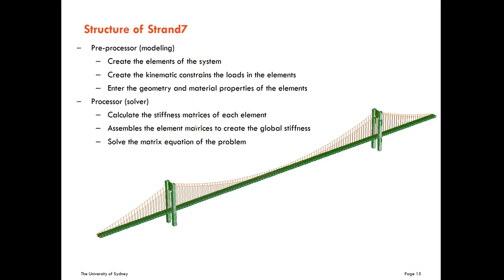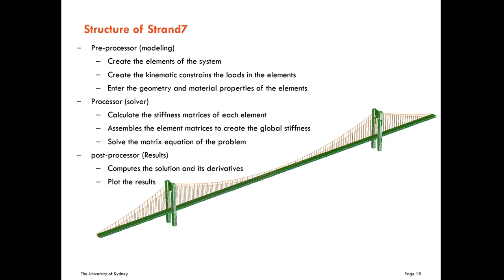Then the computer will assemble the element stiffness matrices to create the global stiffness matrix. And then the computer will solve the matrix equations of the problem. For static analysis, it's just inverting the matrix equations. That is going to be a big matrix. The number of rows and the number of columns of the global matrix equations correspond to the number of degrees of freedom of your model.